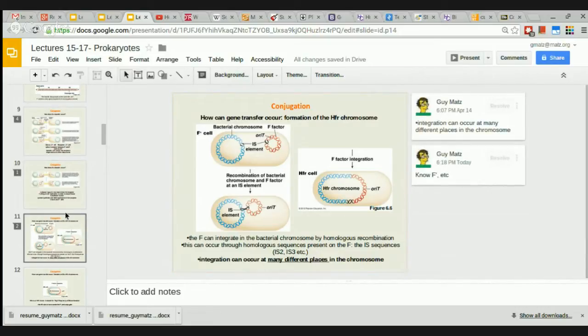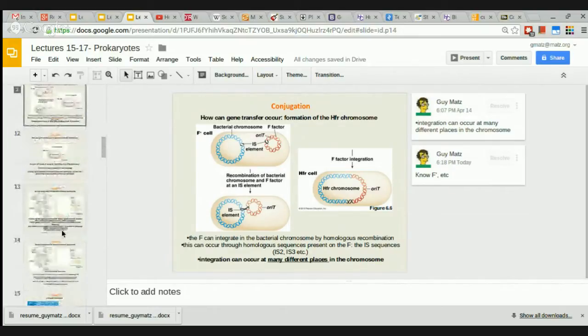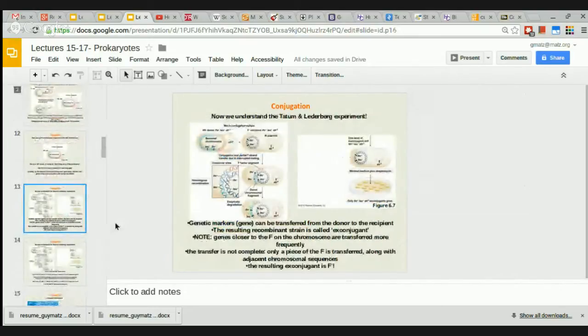Then I talked about the HFR matings. The transfer still occurs the same way through ORI-T, and the 5' end is pulled into the recipient, but this by definition will drag bacterial sequences. Often, randomly, this will be interrupted over time, say within 5, 10, 15 or 20 minutes.